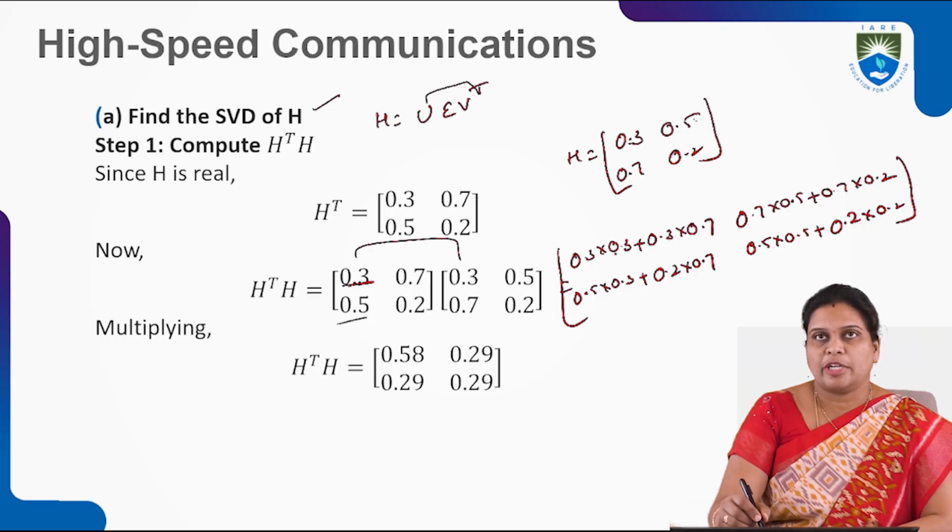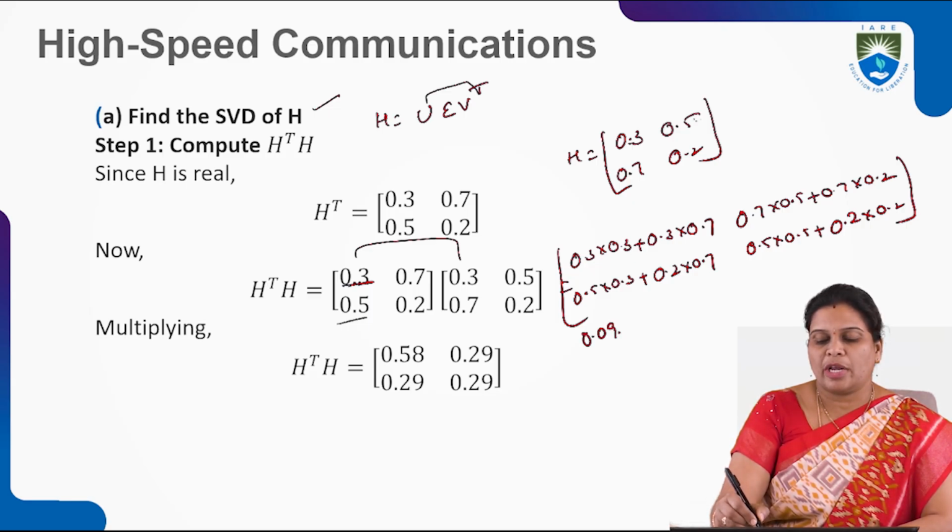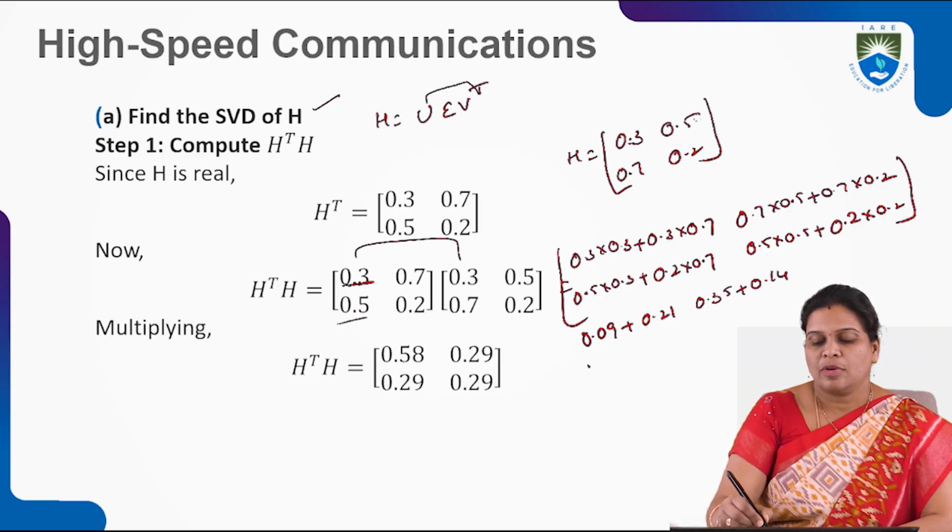What is the value? 0.3 into 0.3 is 0.09, and 0.7 into 0.7 is 0.49. Next 0.15 plus 0.14, and 0.25 plus 0.04.